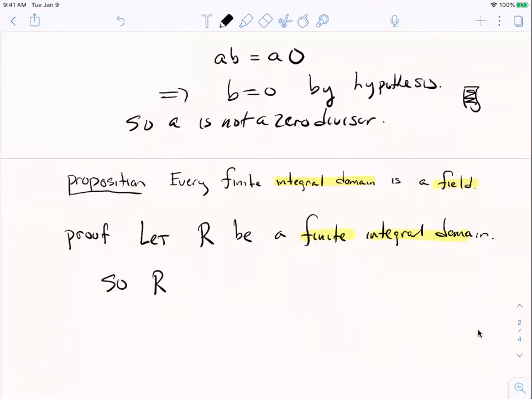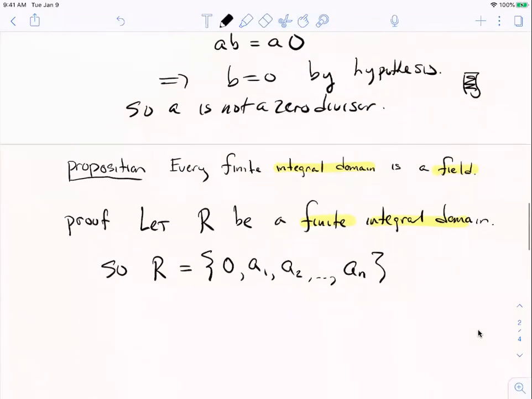So R is equal to, say, well, we know there's an additive identity, 0, and then we have a bunch of other elements. Let me just call them A1, A2, up to say AN. So I'm just separating off the 0 element there. R is a commutative ring with unity.